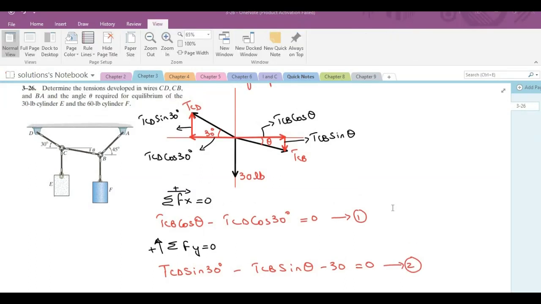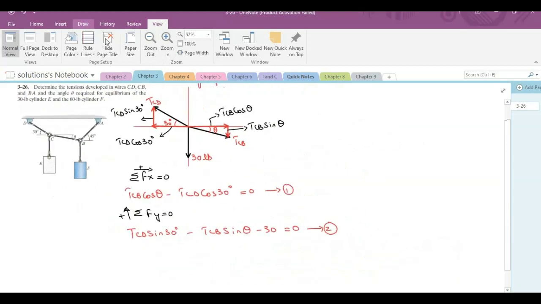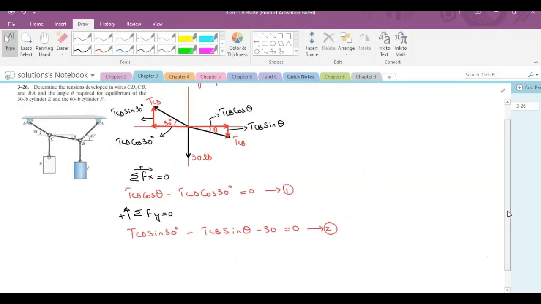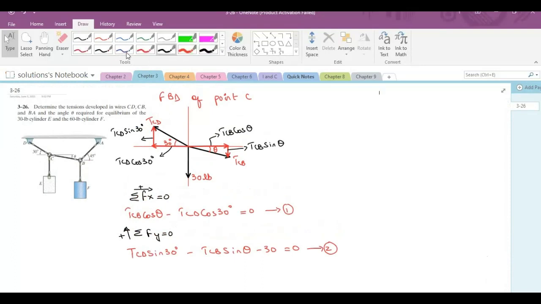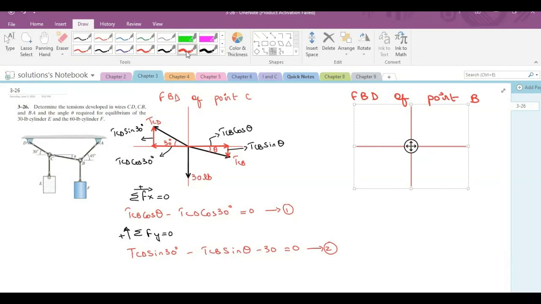Now we have to do the same for point B. If I draw a free body diagram of point B, it would look something like this. I have one force inclined at an angle of 45 degrees.